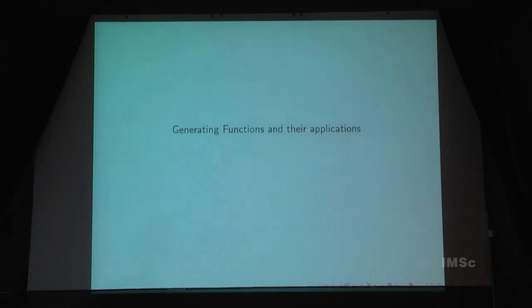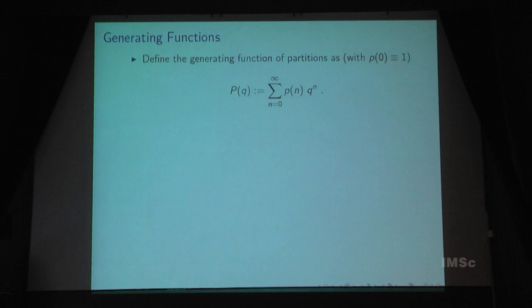Okay. So now I'll move on to the next part of my talk, which is how do we use generating functions to solve these problems. The idea is the following. You define P of 0 to be 1, just a definition if you wish, and define the generating function of partitions P of Q in this form.